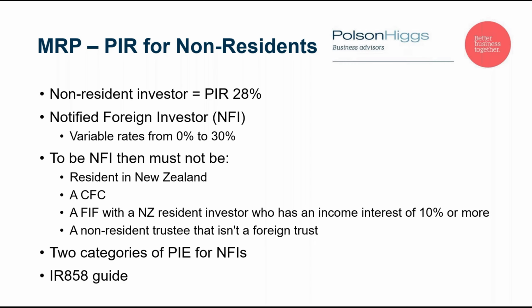So there are 2 categories of PI for NFIs, which come under the multi-rate PI rules: the 0 rate PI and the variable rate PI. These were created because foreign investors were previously being overtaxed when they were treated as a standard non-resident investor, which had a rate of 28%.